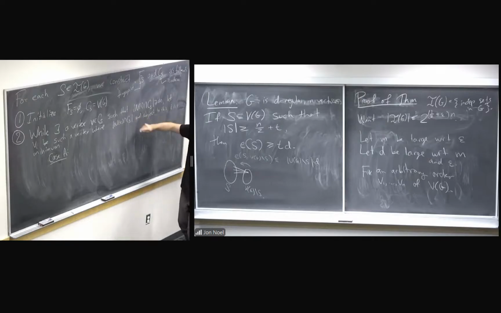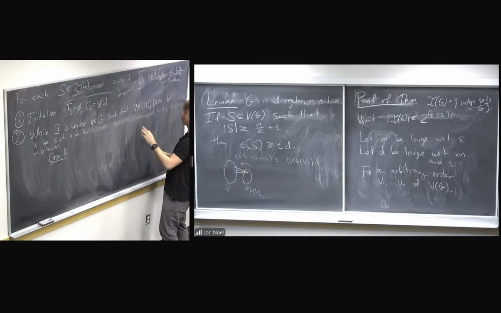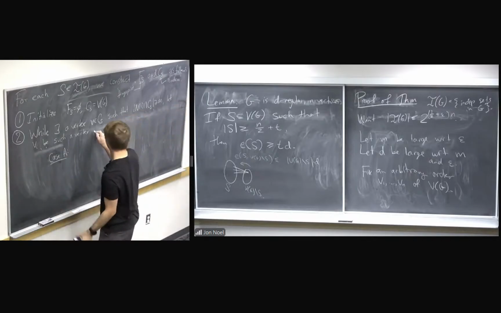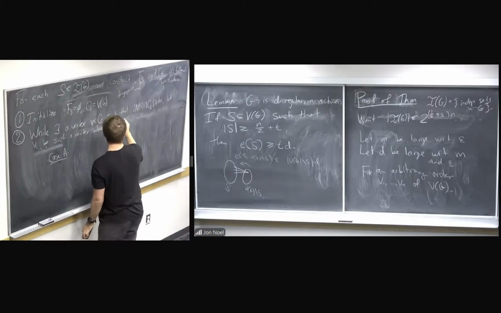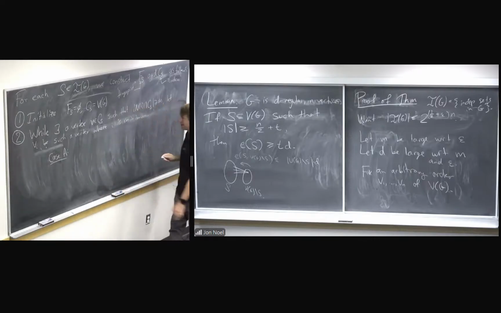Or, in fact, I don't even think I need this. Let's just say such a vertex where I is minimum. What I meant to write there is to make this thing as big as possible, but that's not even going to matter, really. So let's just say where I is minimum. Simpler.